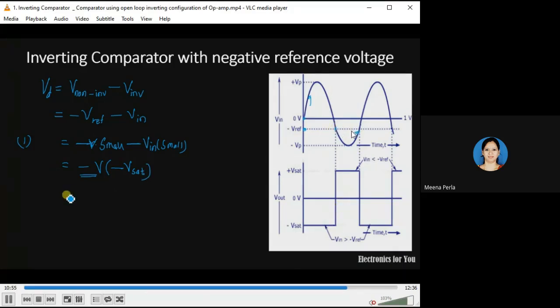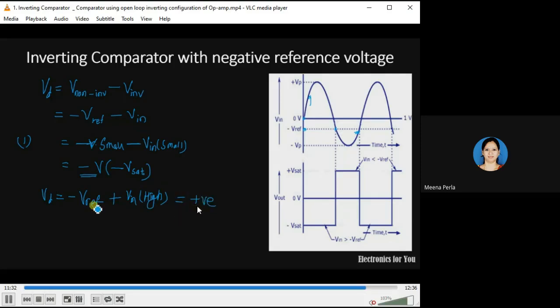And in the second case, VD is equal to, this is the second portion where V in is negative, but it is more negative, and V reference is minus V reference with a small value, and minus times minus V in will be plus V in this case. So this is a higher value. We can see minus times minus V in is plus V, which is a high value.